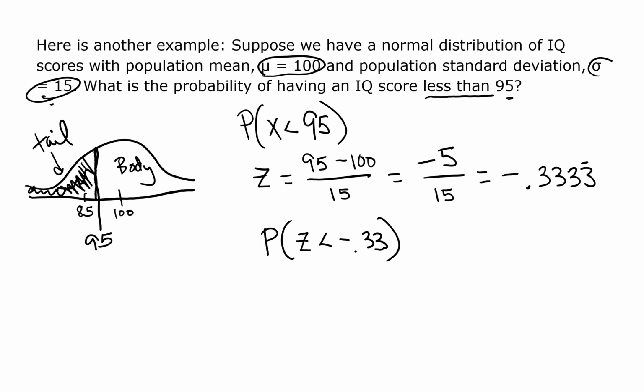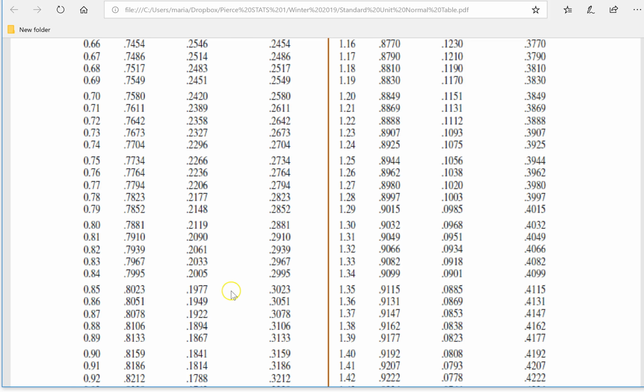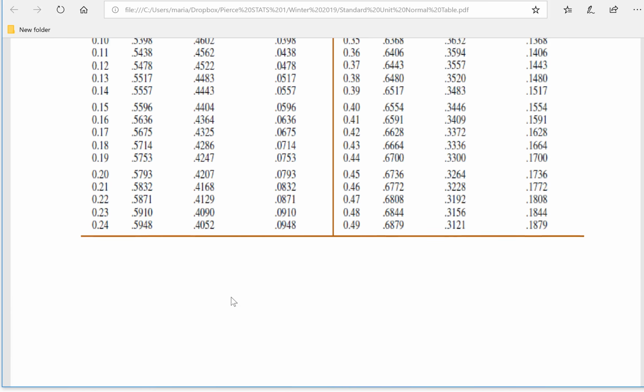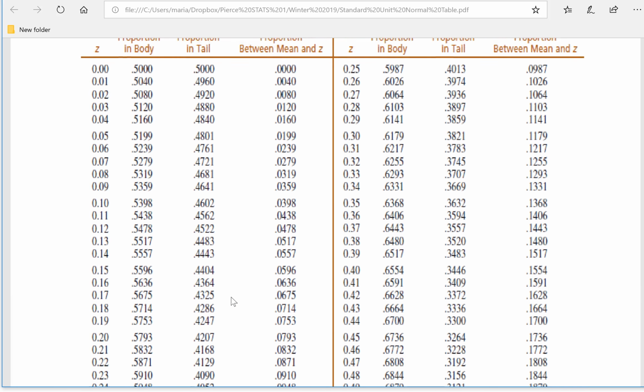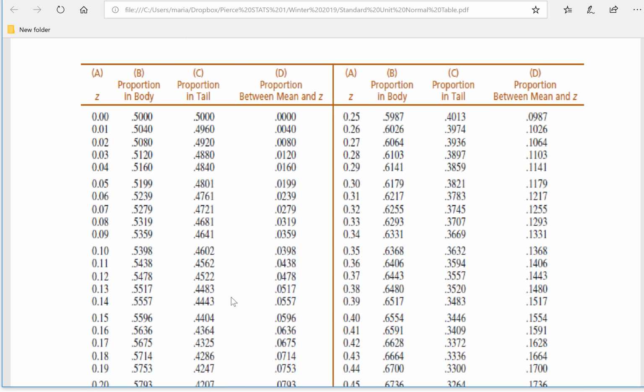Okay, so now we need to go back to our table. Again, we're still looking for the tail, and now we're looking for 0.33. And it doesn't matter. Remember, we talked about how when we transform scores, the Z distribution is a normal distribution.